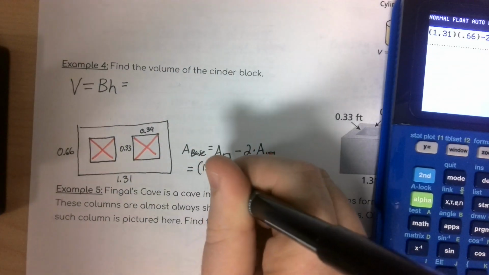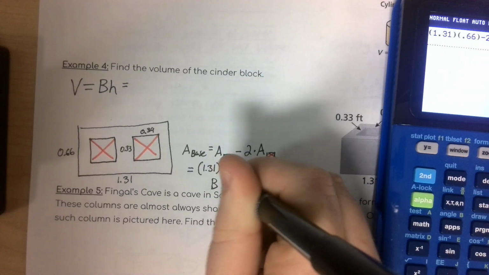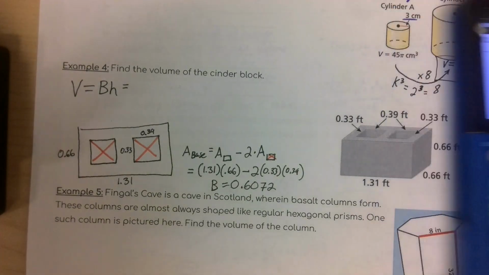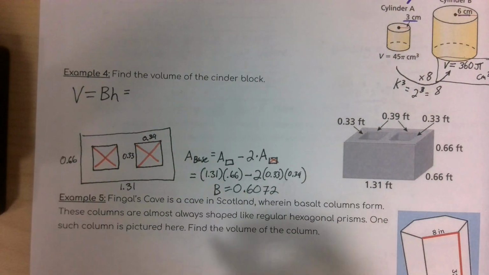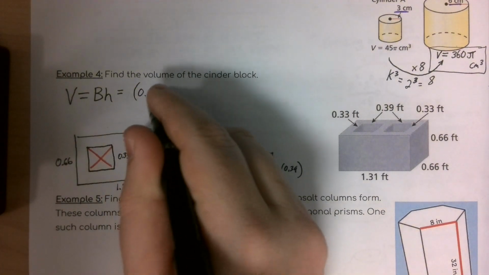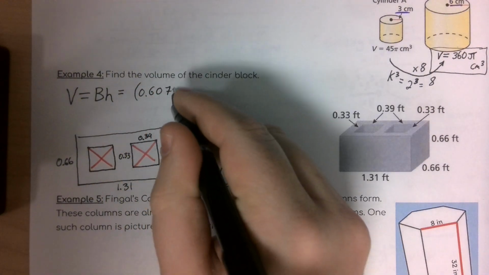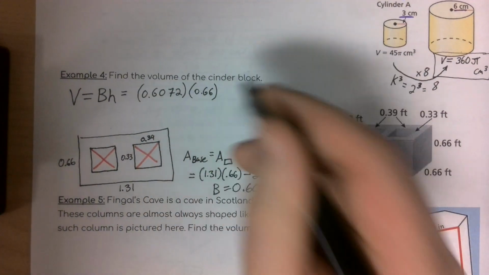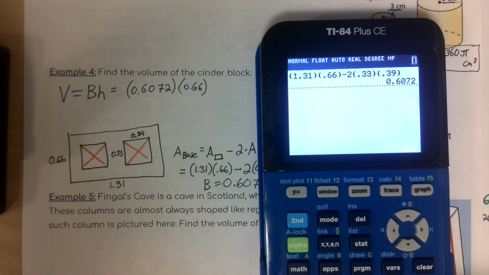So B equals 0.6072. That means the volume of our cinder block is just this times the height. The base is 0.6072. The height is 0.66. We're literally just taking this number and multiplying by the height.